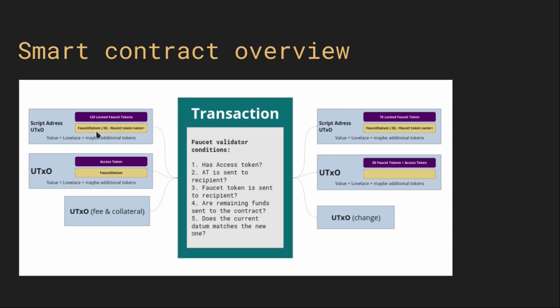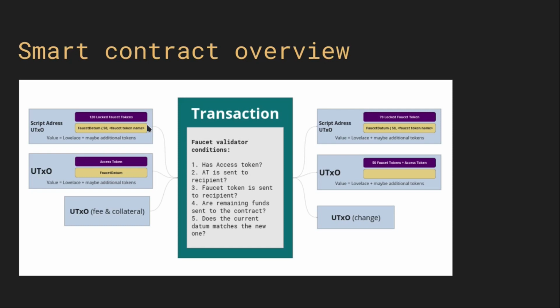So we have to ensure that the datum from the input is the same as the output. There could be other cases where we want the user to manage this amount or have a say about it, but this is not the case.